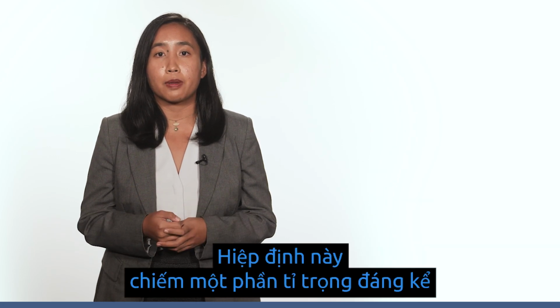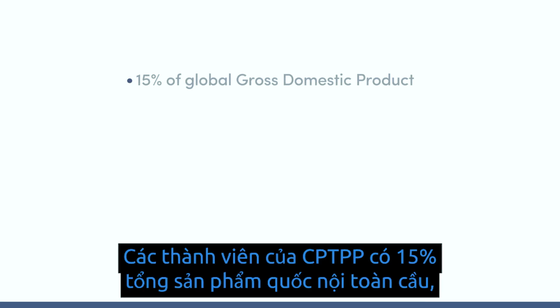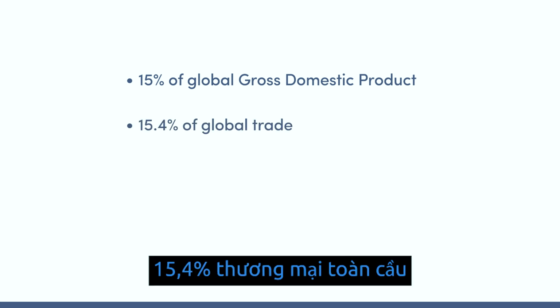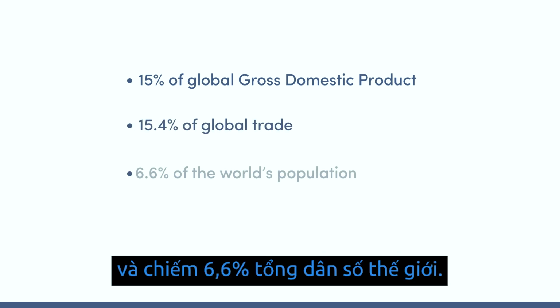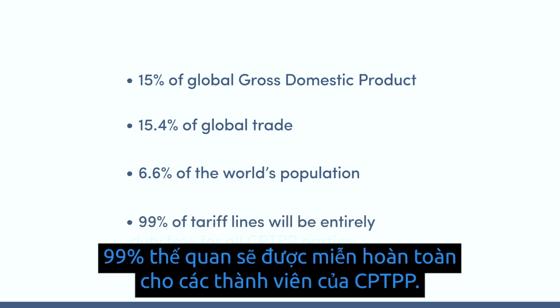The agreement represents a significant share of the world's economies. Members of the CPTPP account for 15% of global gross domestic product, 15.4% of global trade, and 6.6% of the world's population. Once it's fully implemented, 99% of tariff lines will be entirely duty-free for all CPTPP parties.